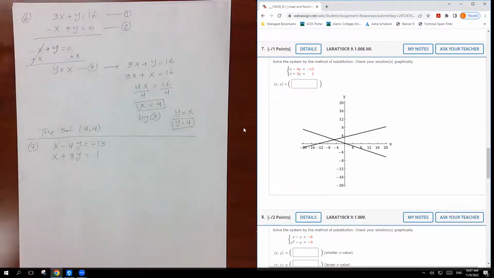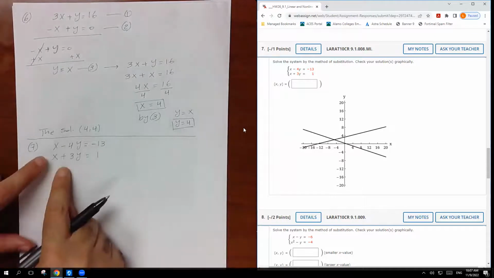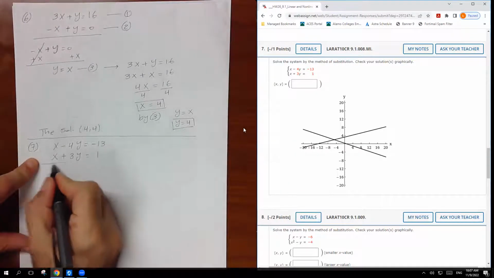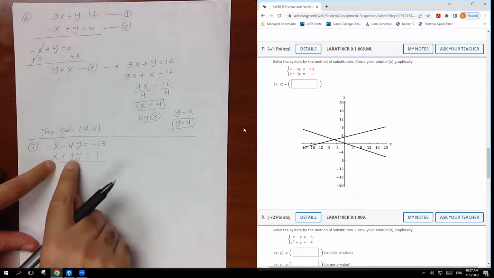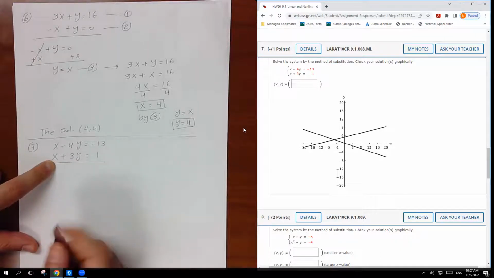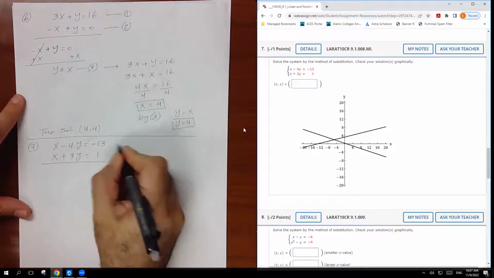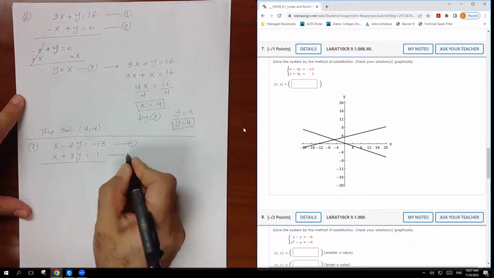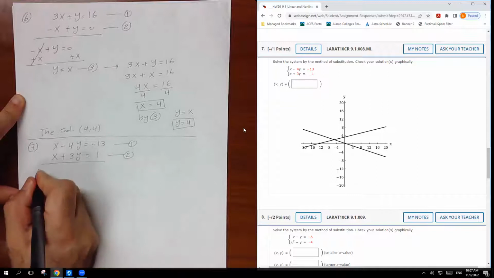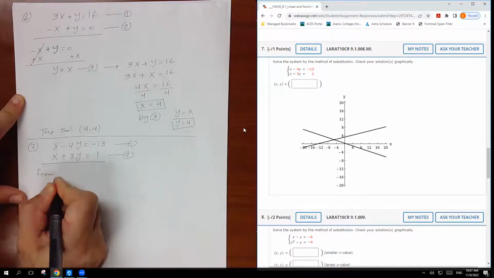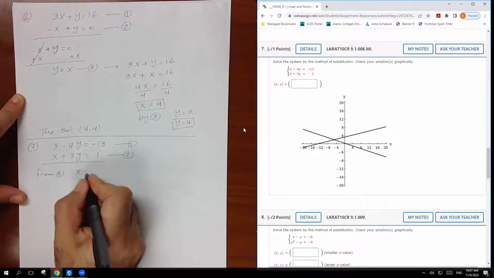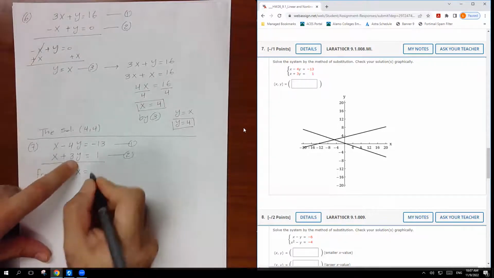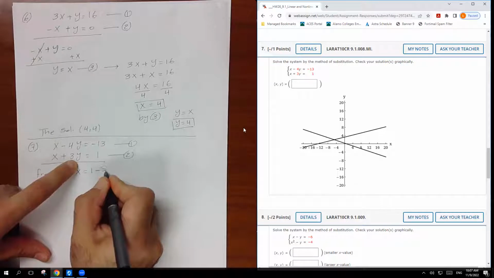Which one is easier to solve? I'm going to solve the second one. I'm going to keep the x on this side and move the y to the other side. So from equation 2, x equals 1 minus 3y.